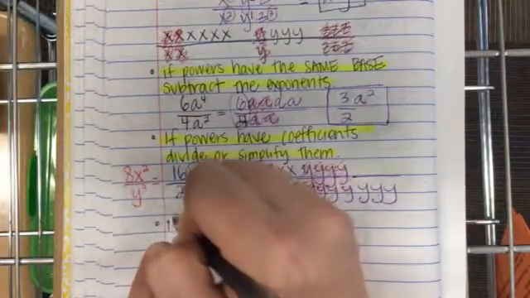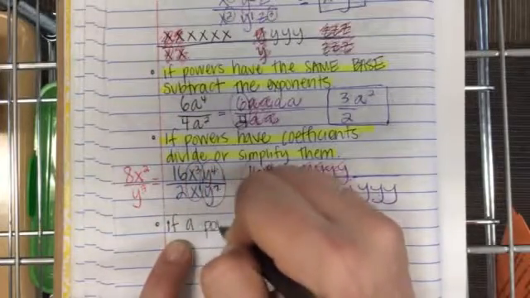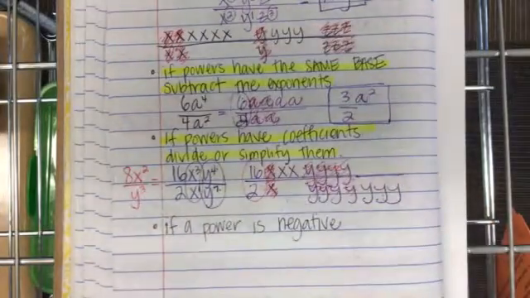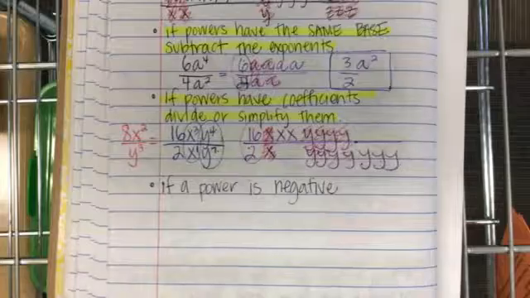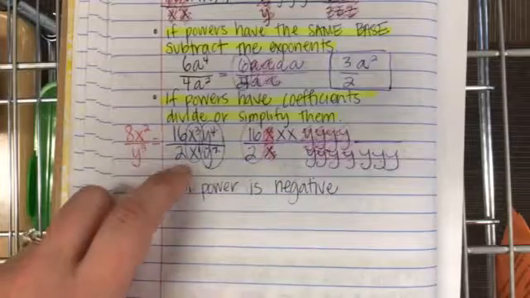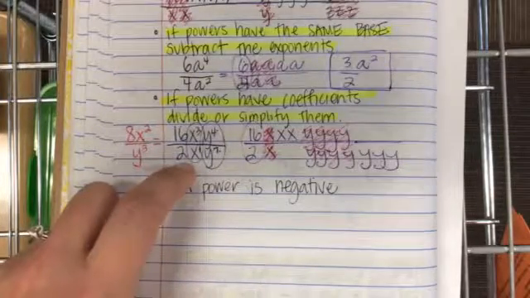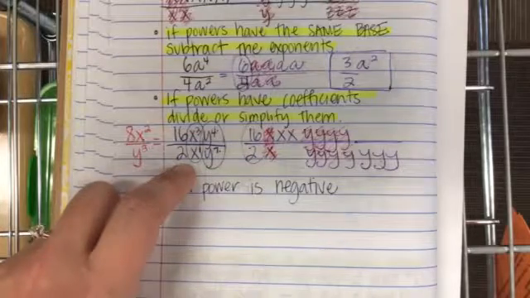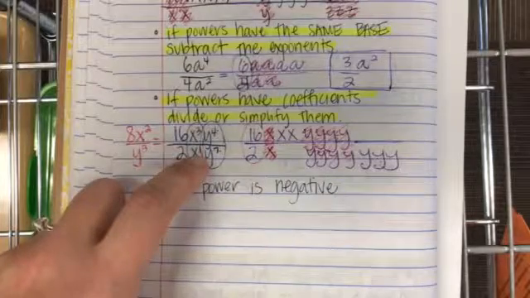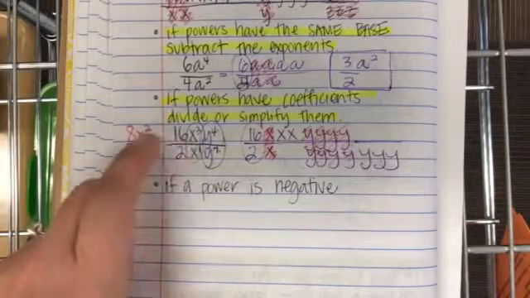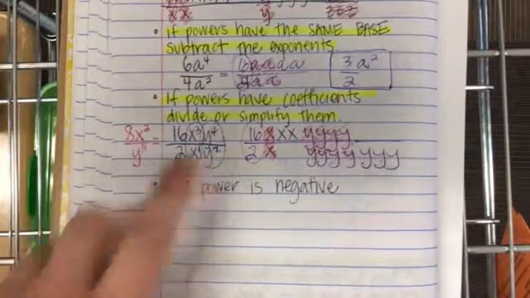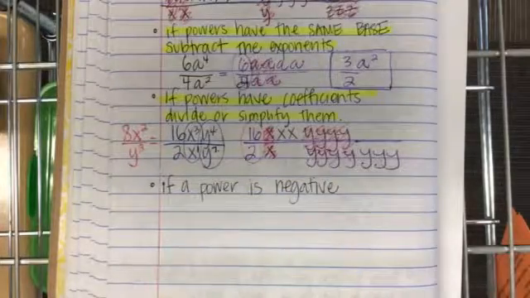So, if a power is negative, what do you think? If I did this problem right here, 16 divided by 2 is 8. So I get 8, right? Because my coefficients I actually divide, and I subtract my exponents. 3 minus 1 is 2. And that's there. And 4 minus 7 is negative 3. If a power is negative, Eduardo, what?